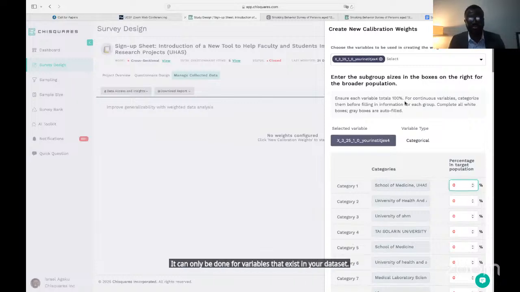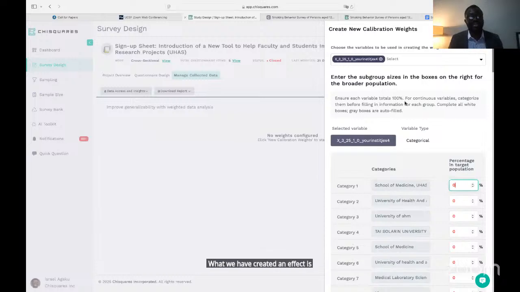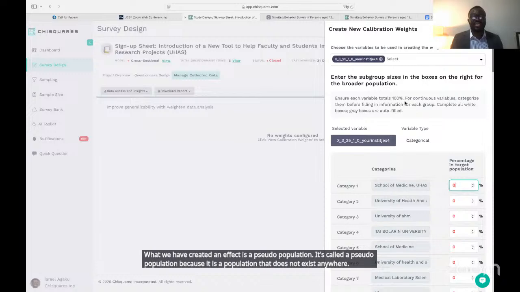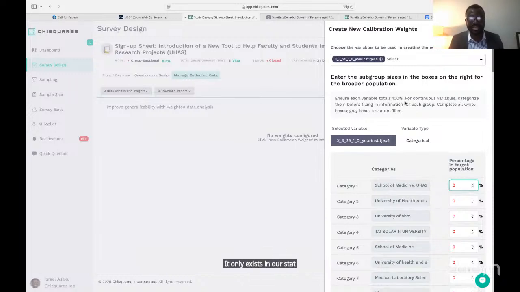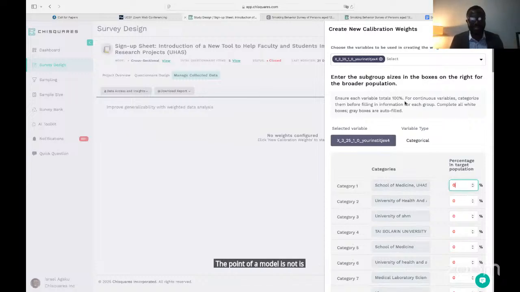Point number two, weighting creates a pseudo population. What we're saying is that we are forcing the sample to look like the parent population. What we have created in effect is a pseudo population. It's called a pseudo population because it is a population that does not exist anywhere. It only exists in our statistical imagination, and it is a statistical model. A model is a simplification of reality.